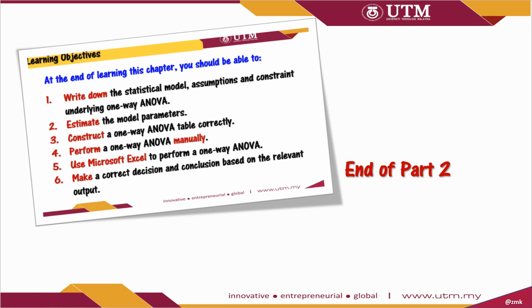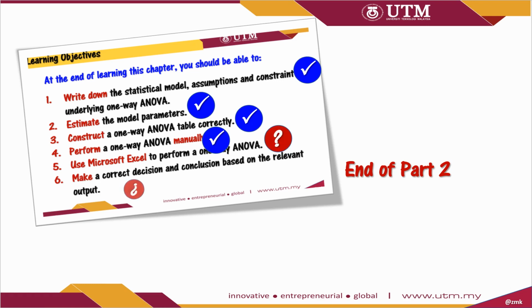By now, you should be able to achieve the first 4 learning objectives, where the first and the second should be achieved at the end of part 1, whereas the third and the fourth learning objectives should be achieved at the end of this part 2. What about the fifth and the last learning objectives? These learning objectives will be fully covered in part 3 of this chapter.